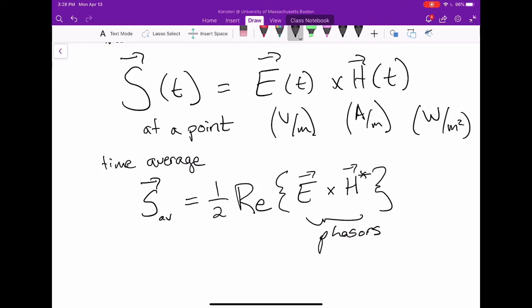This is the time average power density of this electromagnetic wave.